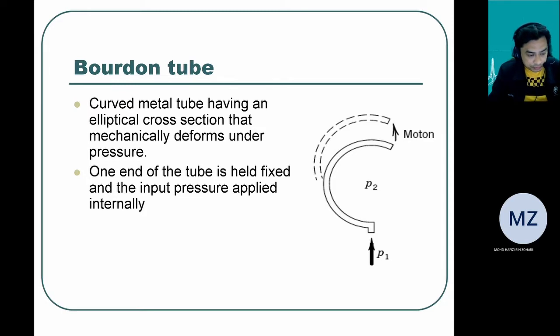That curved metal tube will deform if there is pressure inside the tube. The deformation can be related to the amount of pressure going into the metal tube.